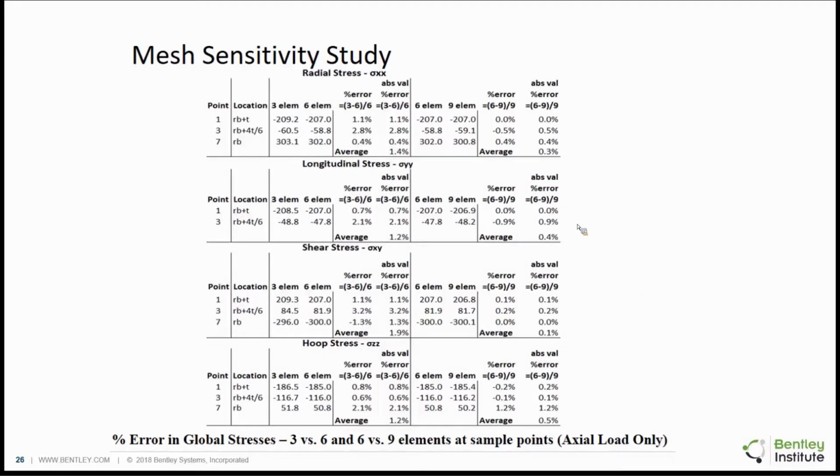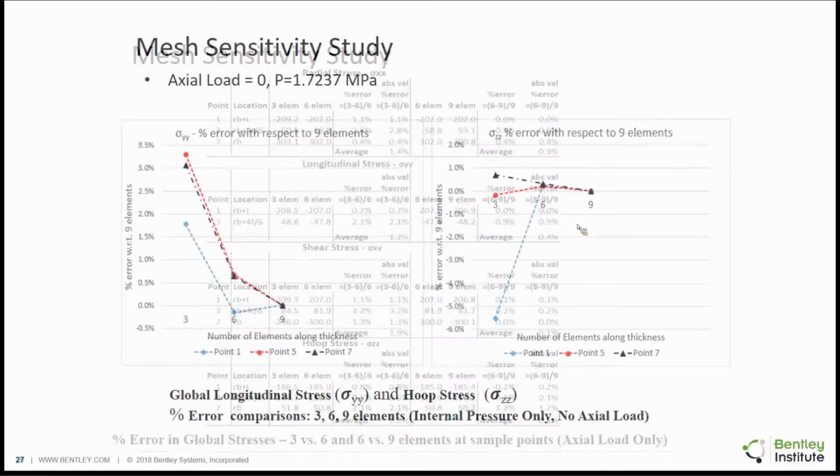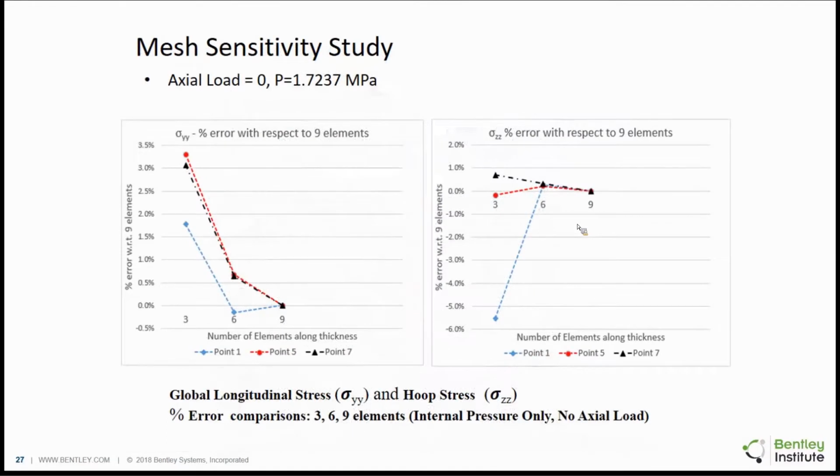Here is a tabulation, and here is a graph where you can see the global longitudinal stress sigma YY and the hoop stress sigma ZZ. They were compared with a case where only internal pressure was applied and no axial load. You'll find that compared to 9 elements, 6 elements gives very close results.